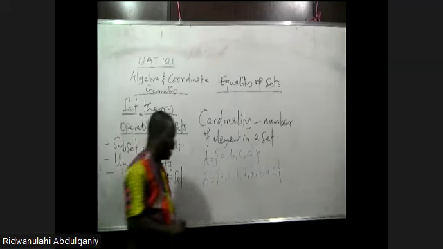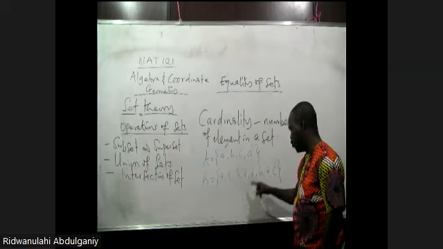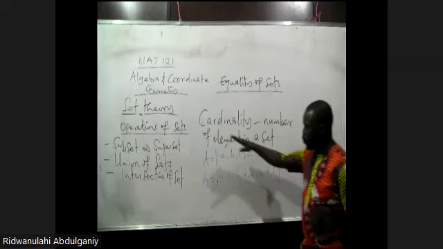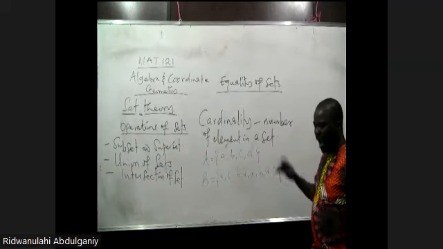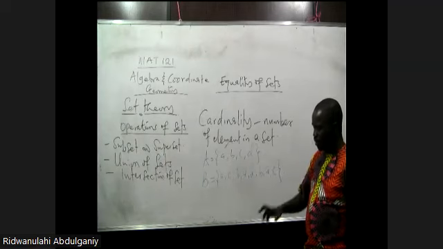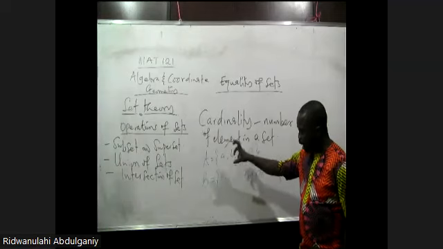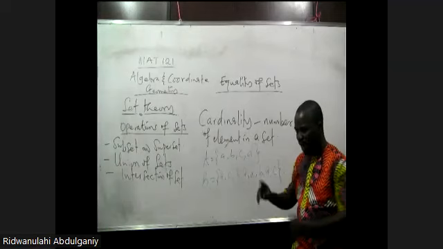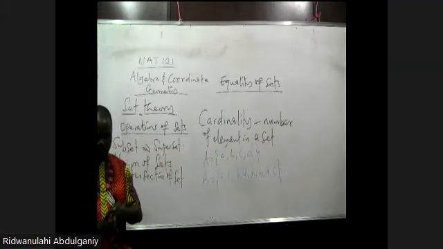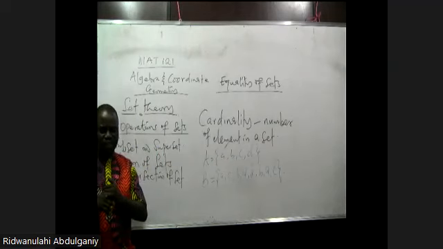The repetition here has made the number of elements in B become 1, 2, 3, 4, 5, 6, 7, 8. We have 8 elements in set B and 4 elements in set A. However, it is the same members that we have in A and B, and the members are A, B, C, and D. So in a nutshell, we don't use cardinality to define equality of sets.